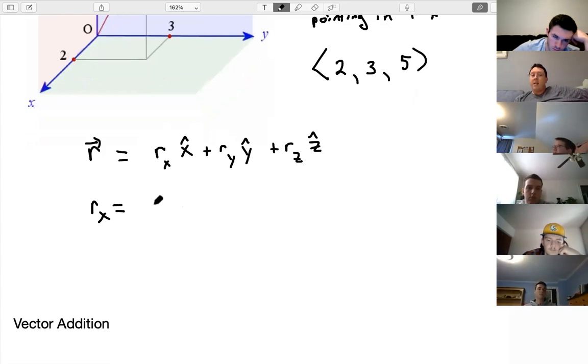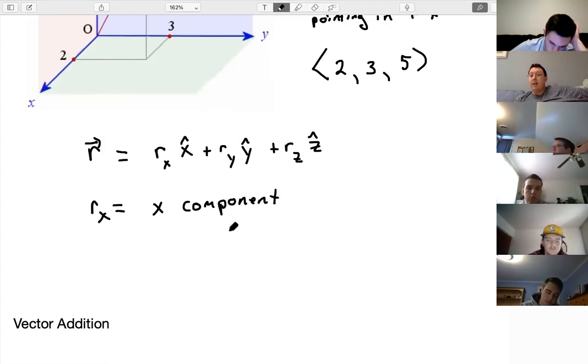We call that the x component. And it is a scalar. It's just a number, a real number, not a vector. And then similarly for y and z. So we have components and we have basis vectors. And then the full vector is what you get when you glue it all together.